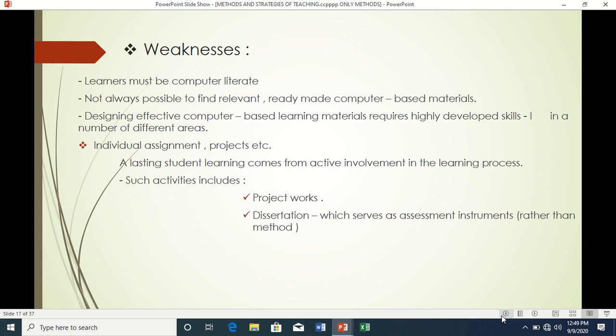And so a teacher can use individual assignments, giving projects or assigning projects to students as a way of getting students involved in the learning process, so what they learn sticks. And such activities include project work.